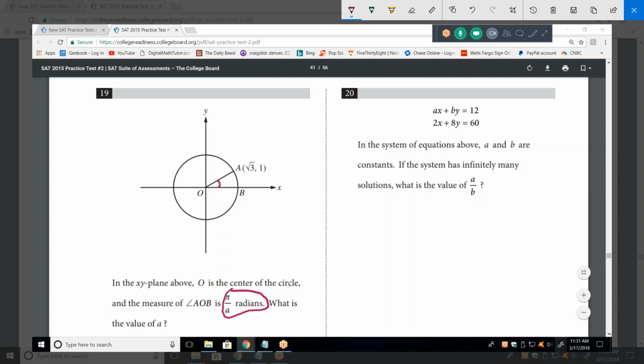Okay, let's look at 20. Let me give you some information here.